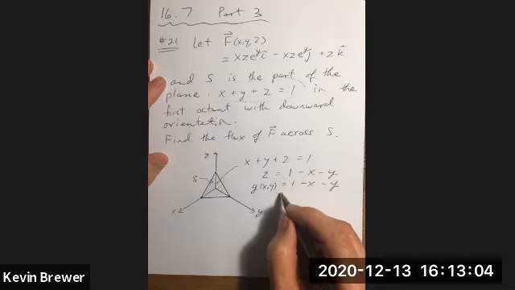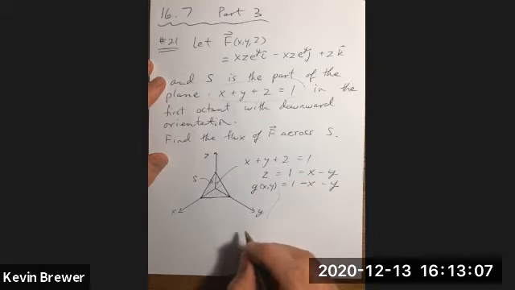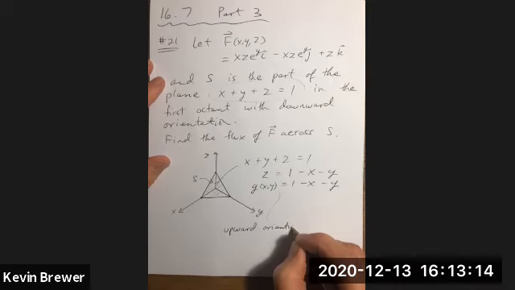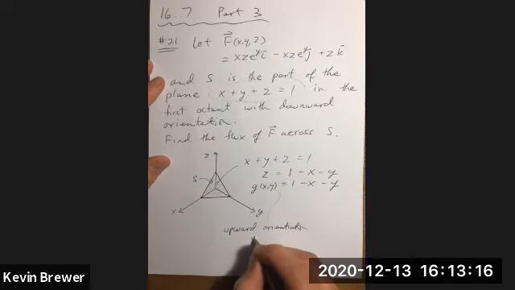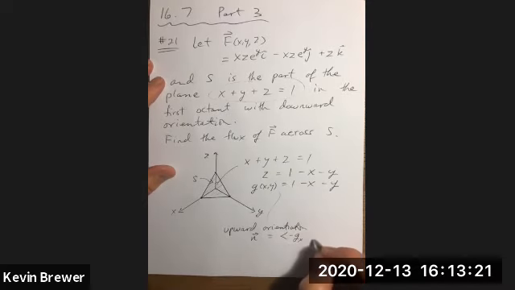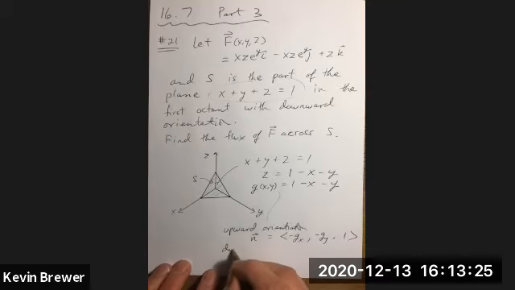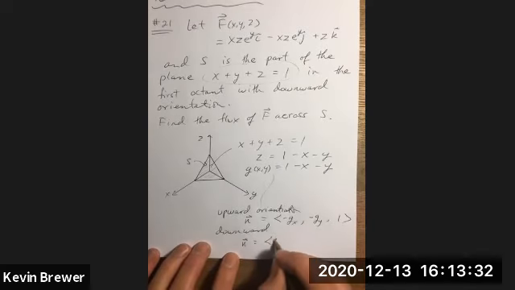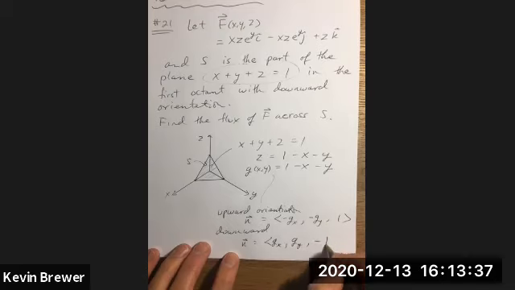Remember that when we have this special case, upward orientation would be n equal to minus g sub x, minus g sub y, 1. Downward, therefore, is n equal to g sub x, g sub y, minus 1.